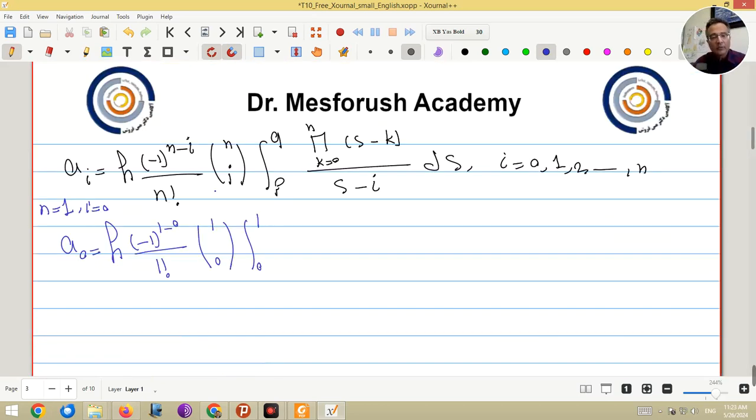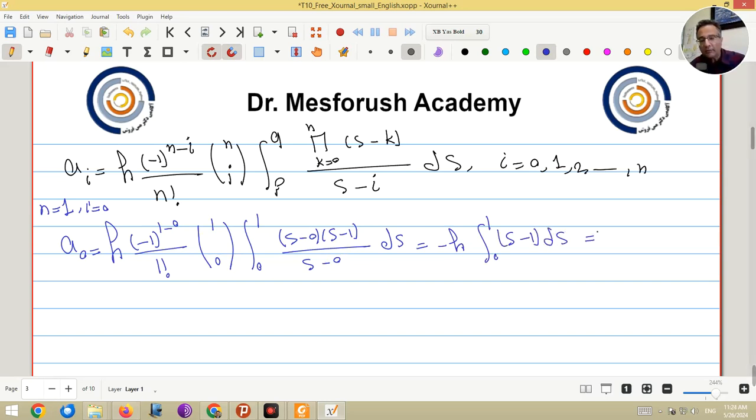So k from 0 to 1, this means (s minus 0) times (s minus 1) over (s minus 0), since i is 0, right? ds. Now let me do some simplification. This (-1) to the power of 1 and 1 factorial give minus h, and here s will cancel with s and remain the integral from 0 to 1 of (s minus 1) ds.